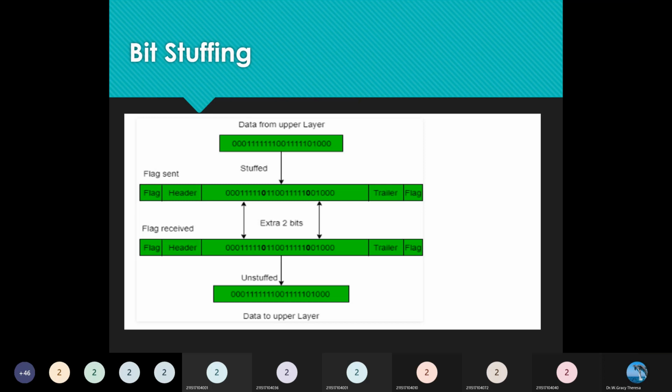For example, if it is an 8-bit pattern like 0111 1110, it is stuffed as the starting of the frame as well as at the ending of the frame. This flag is nothing but this 8-bit character being stuffed.